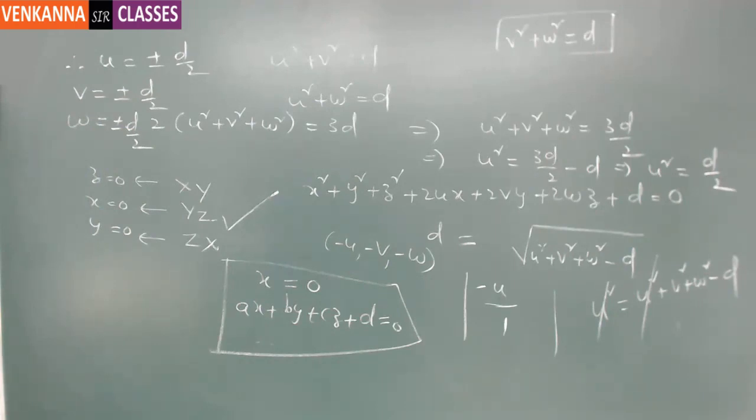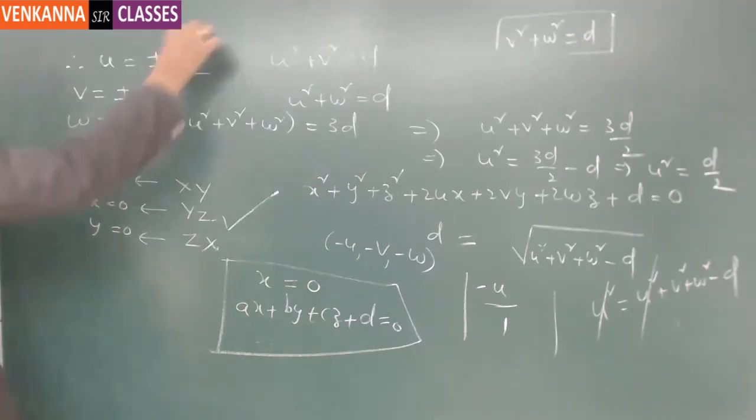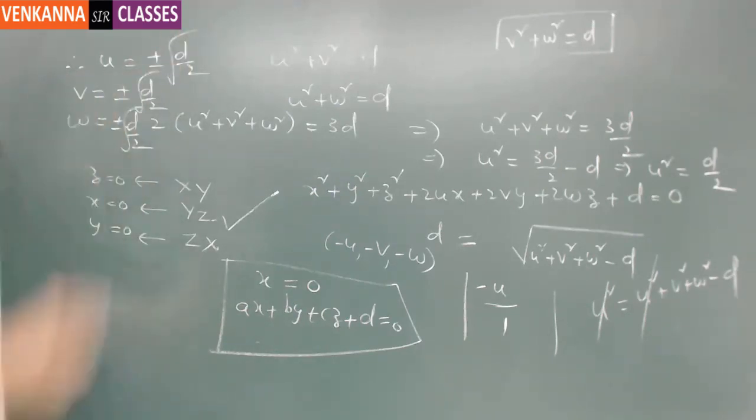Is the simplification clear to all? Yeah, I will take root d by 2. Agreed? Right. And what will be the value of d? It is nothing but d itself.